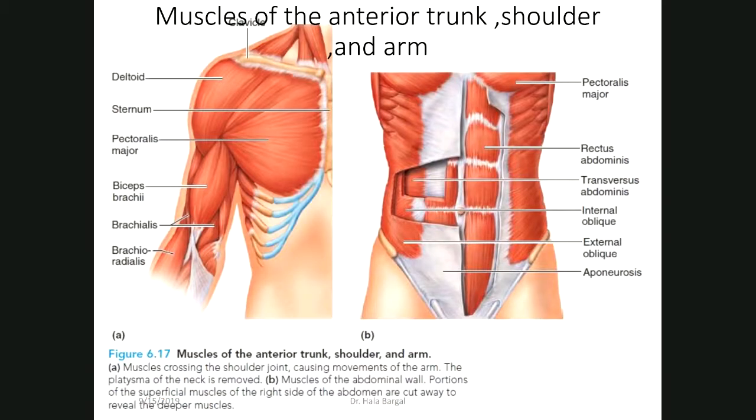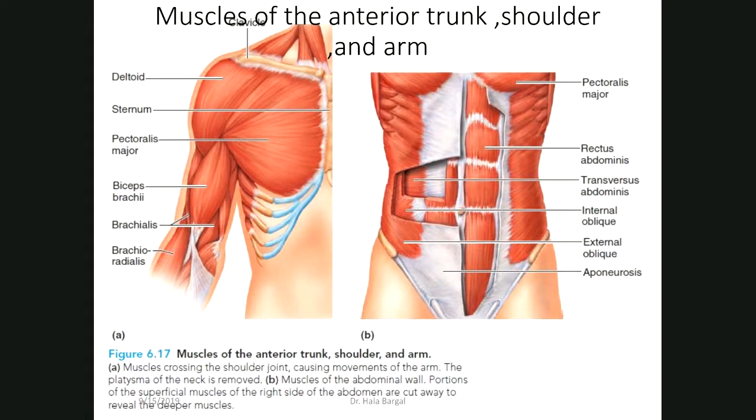Okay, let us discuss the muscles of the anterior of the trunk, okay, and chest, anterior of the trunk and the upper part of the arm. The most superficial muscle of the chest, which we call the pectoralis major. Pectoralis major, this muscle is named after its anatomical position in the pectoral region. Deep to the pectoralis major, we have the pectoralis minor, of course.